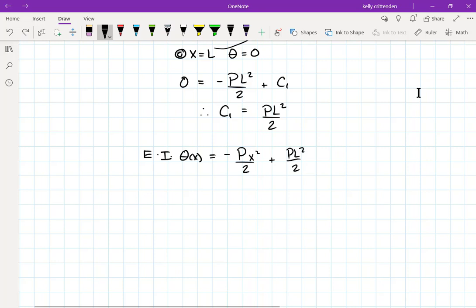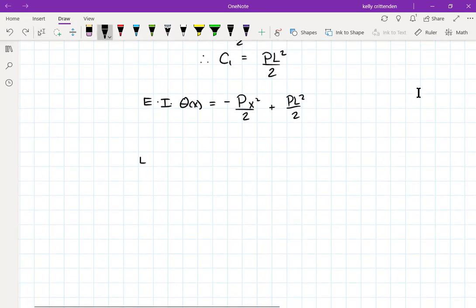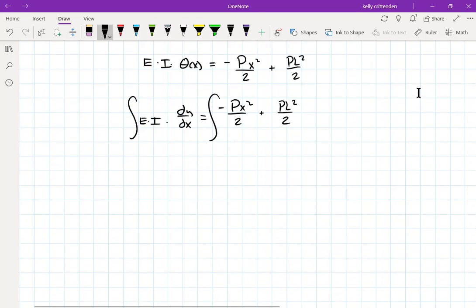So let's go back to writing this one: EI dy/dx equals all this stuff. And to get y out of here, we need to integrate again. So if I integrate the left-hand side, I'm integrating with respect to dx on both of these.